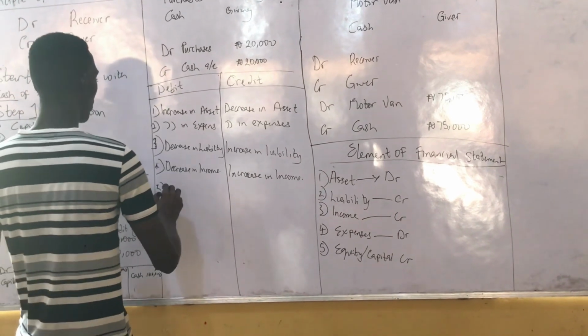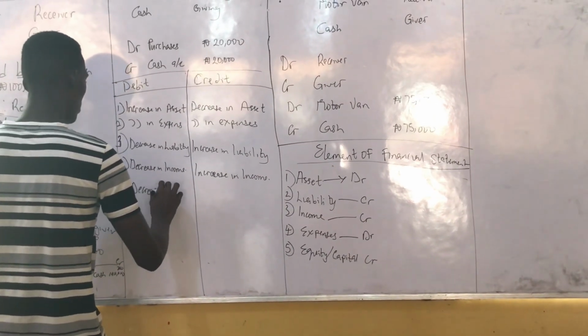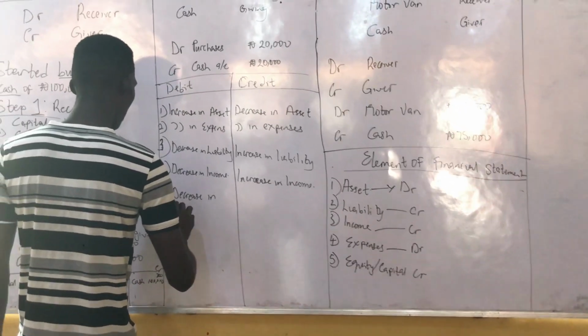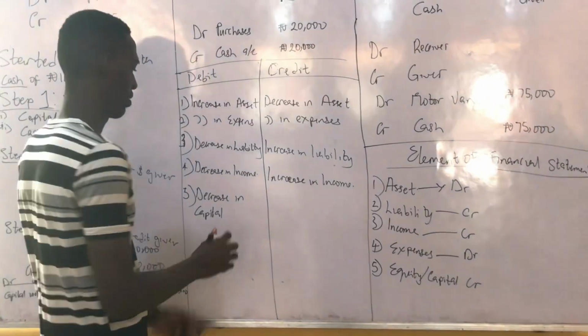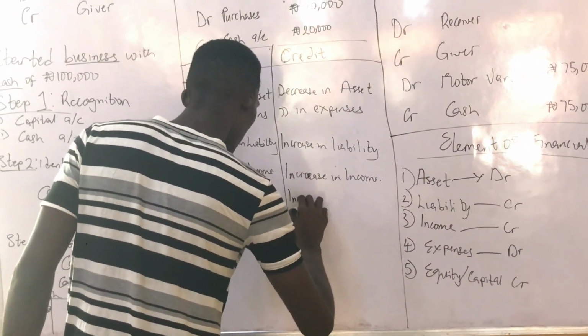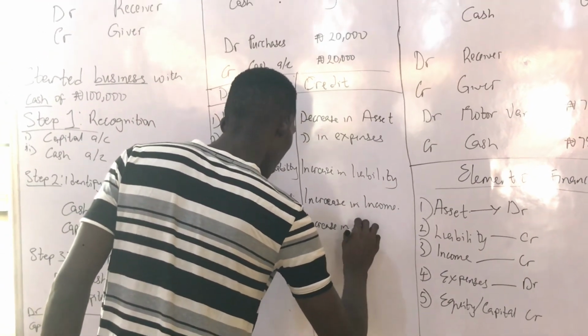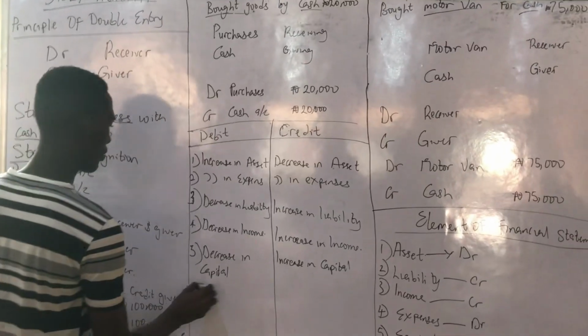Then whenever we have a decrease in capital, you debit it. Whenever we have an increase in capital, you credit it.